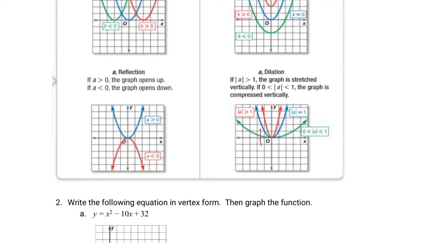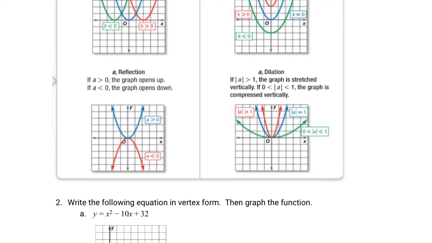If your parabola has an A of greater than 1, you've got a little bitty skinny parabola that looks like a closed umbrella with its point facing down. If A is between 0 and 1, a positive fraction, then you've got a really wide umbrella, like an open umbrella that's upside down. And if the absolute value of A is equal to 1, you've got the parent function that we really care about.